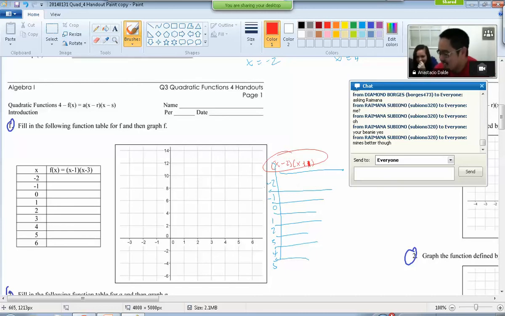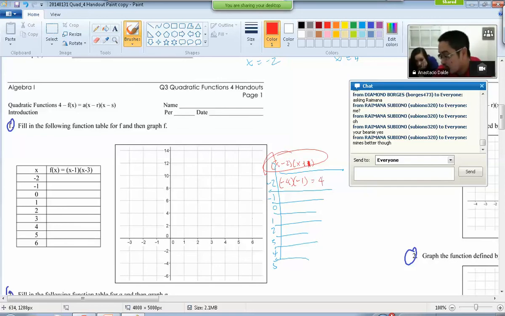So let's plug in -2 for x over here. What do I get? I've got -2 minus 2, which is -4. So I've got -4 times -2 plus 1, which is -1. Right? What's -4 times -1? +4.